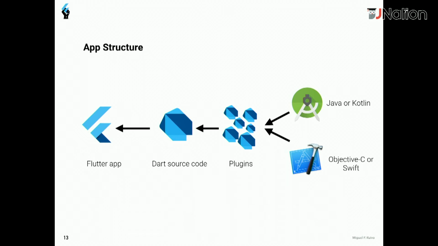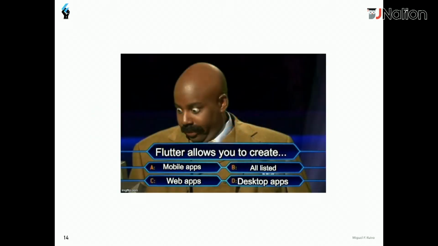Those plugins can include the native code for that and expose it for you, so you are completely abstracted from it. For example, there are also native SDKs, like Firebase, that are already exposed to Flutter with a plugin. And, of course, you can include native code directly in your Dart project. If you want just a small task in native, you are free to do so. You don't need to wrap it in a plugin.